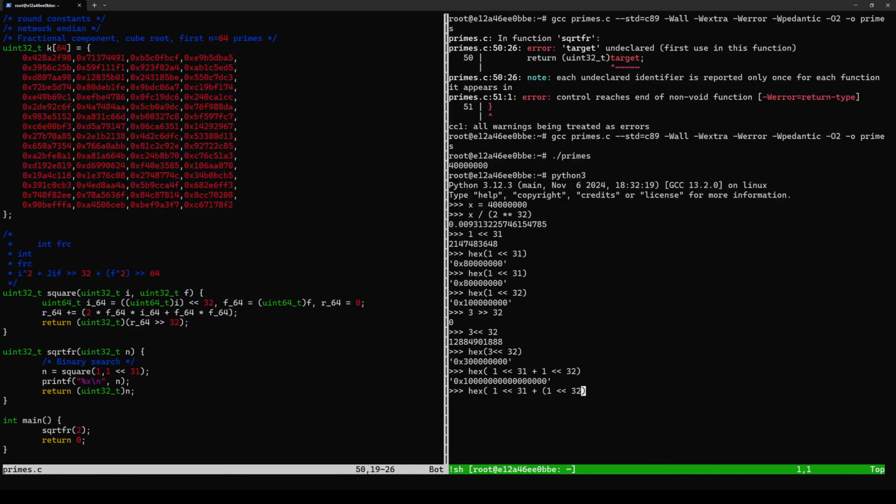There's some sort of associativity going on here. I'm trying to figure out what these numbers should be. Okay, so that should be 1, 8. I was off by 1, so it's probably 3 to 31. Okay. 3 to 31.